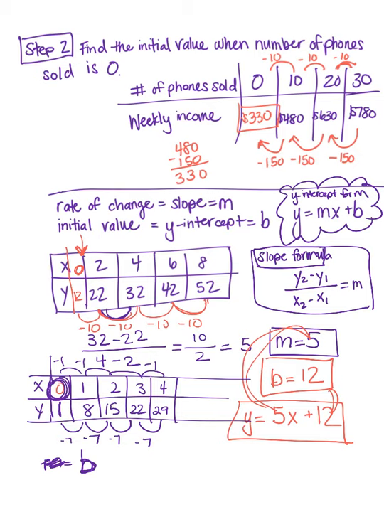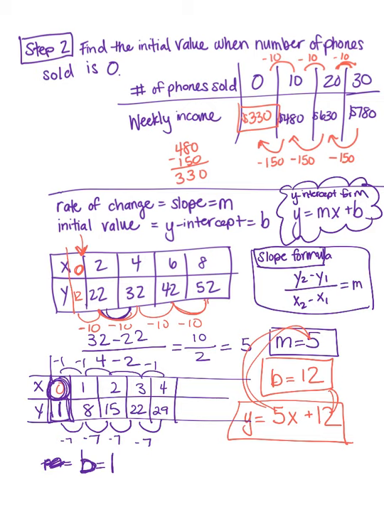Okay, so that's our y-intercept. So b equals 1, right, because that's the y right here when x is 0, b equals 1. And then to find our slope, we're going to use slope formula.